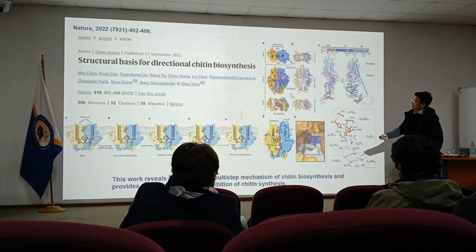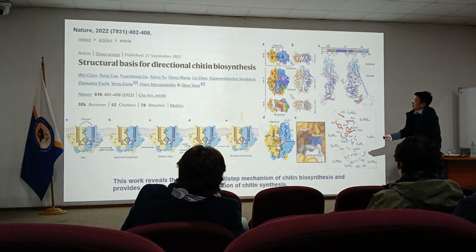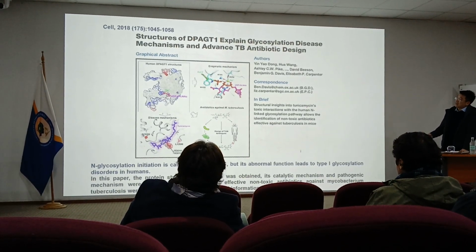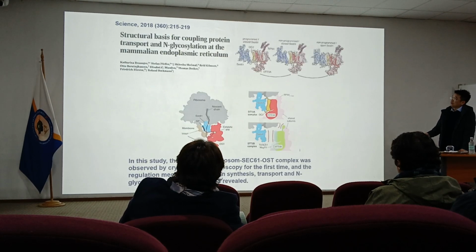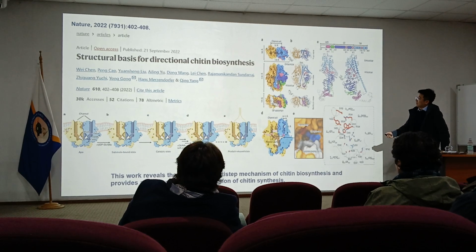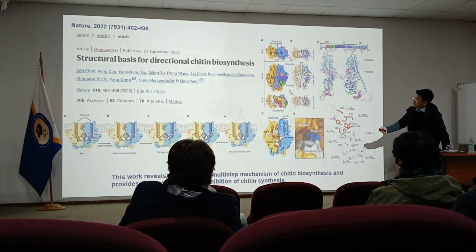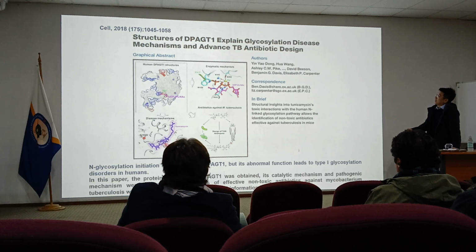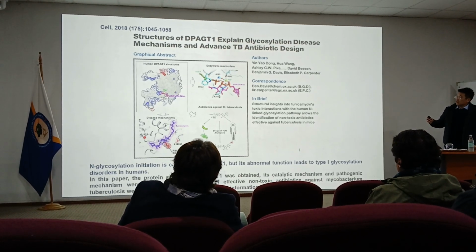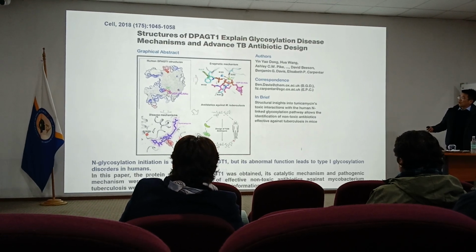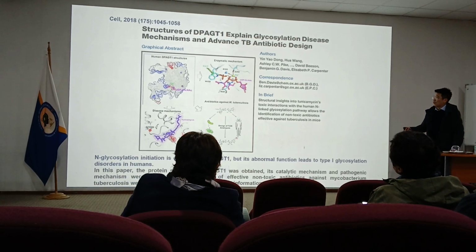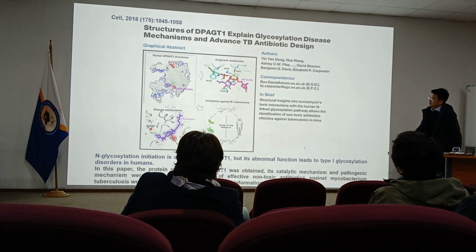For example, this part is about polysaccharide biosynthesis, and this part is about structural research on important glycosylation enzymes. Both polysaccharide biosynthesis and the glycosylation pathway, in humans and in all organisms, are very complex, and most of the enzymes are not well studied.